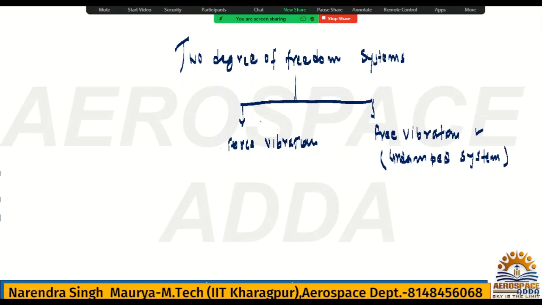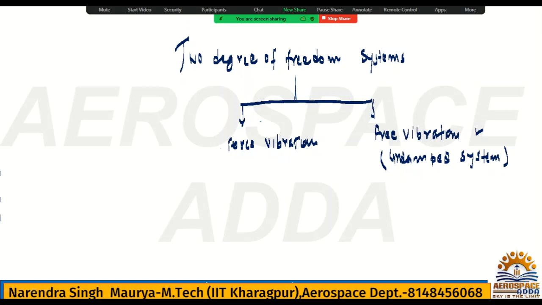Now as already we had discussed, the system that requires two independent coordinates to describe their motion are called 2 degree of freedom systems. I already discussed what is the degree of freedom for any system. It is basically the coordinates, like how many independent coordinates are required to describe the motion.